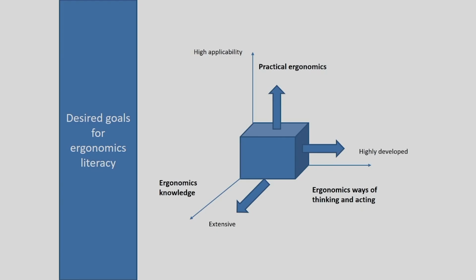So, if we are talking about practical ergonomics, it is highly applicable in the sense of applied ergonomics. Okay. So, we will be talking about implementation of intervention directly on any kind of situation. So, that is practical.